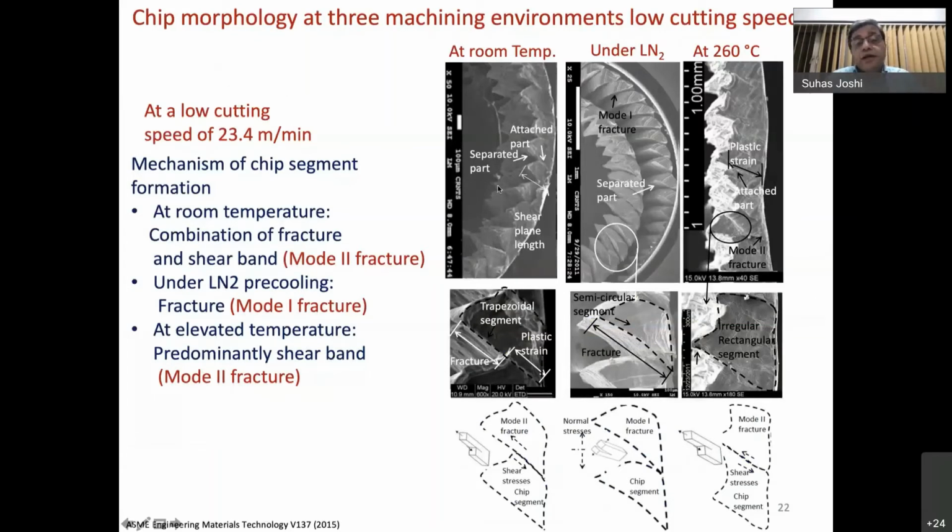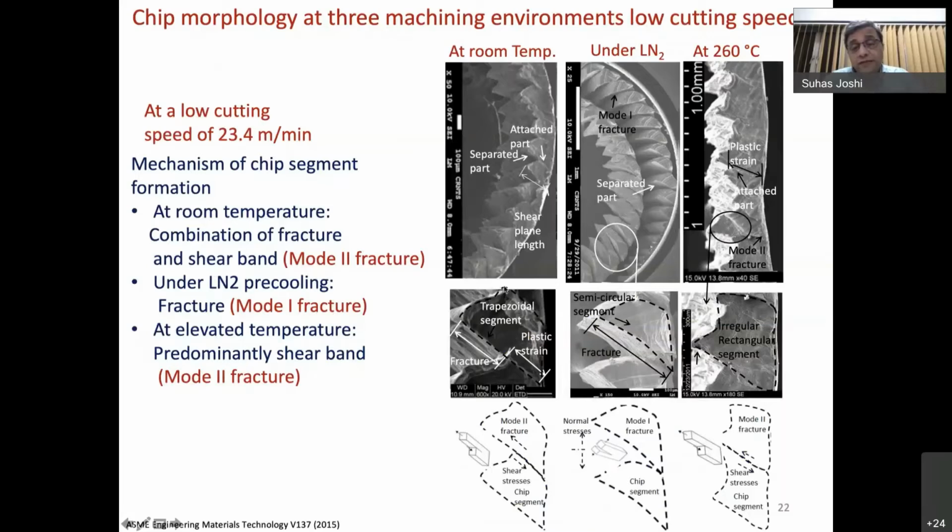So this is a picture of the chip, not the frozen chip, but the actual chip, at room temperature, under minus 70 degrees centigrade under liquid nitrogen, and at about 260 degrees centigrade high temperature.